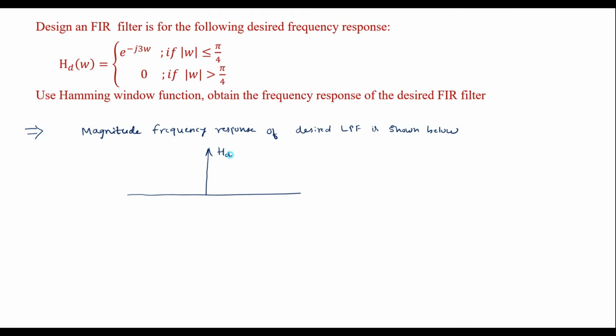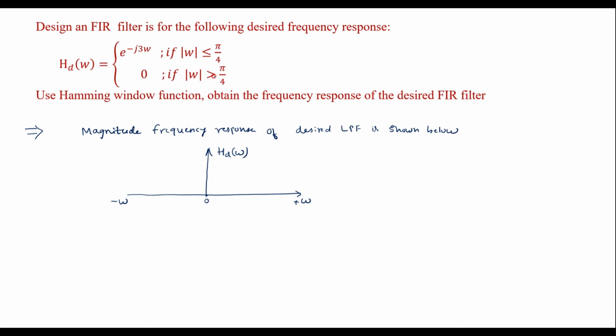Say this is Hd of omega, this side is plus omega and this side is minus omega. Let this be the origin where omega is equal to 0. Here it is said that the response is e power minus j3 omega if omega value is less than or equal to pi by 4.